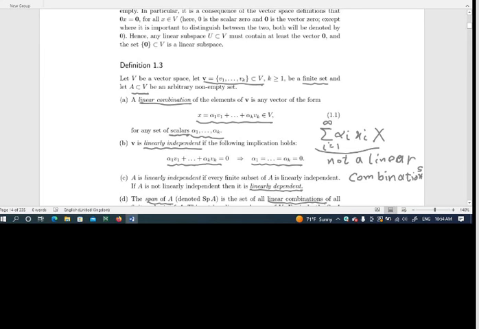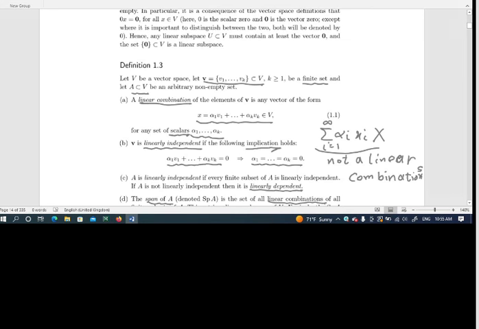V is linearly independent. This is a very important concept in vector spaces: linearly independent, or simply independent.